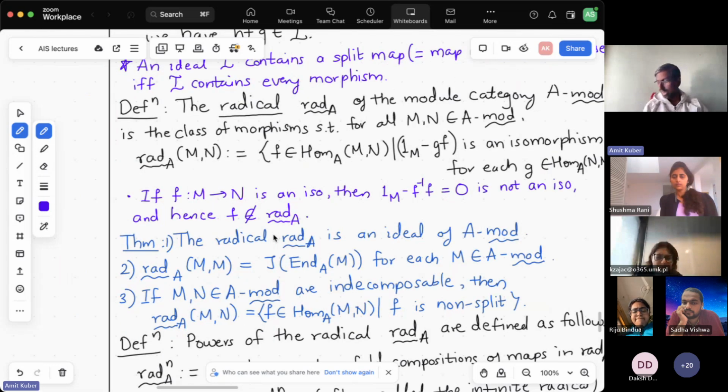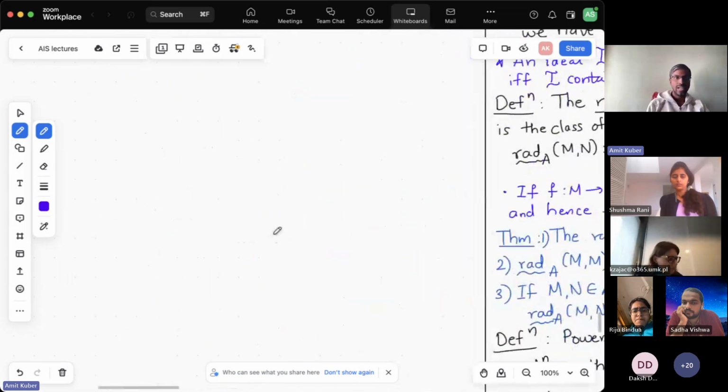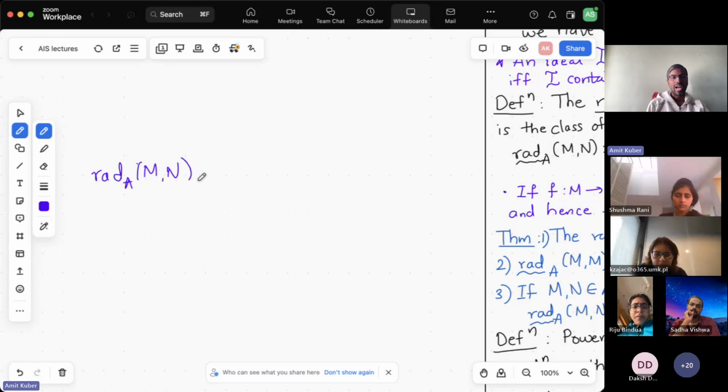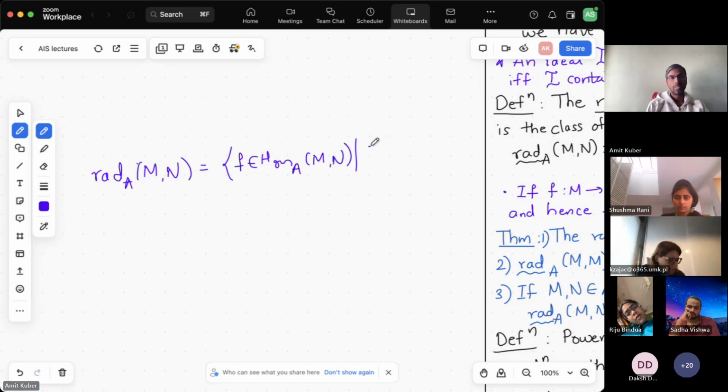So the statement is this, that the radical A of M N is equal to all those morphisms in Hom A (M, N) such that F is non-split. And here we are assuming that M and N are indecomposable.